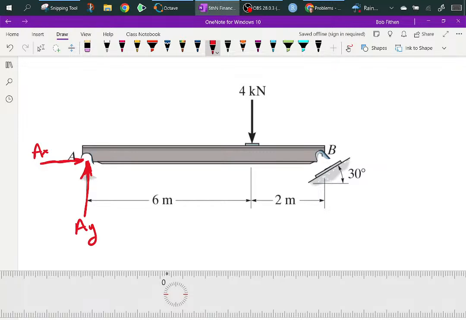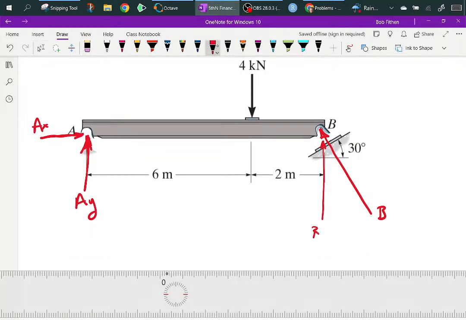This one can only take a load in that direction and I'll just call it B. However, this will be B cosine 30 and B sine 30.